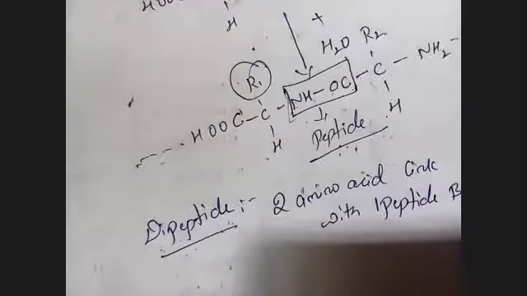Is it clear? Shall I move on? Is it clear? So we can write many such things. Yes, okay, fine. So we are done with the peptides. Now let us go to the polypeptides.